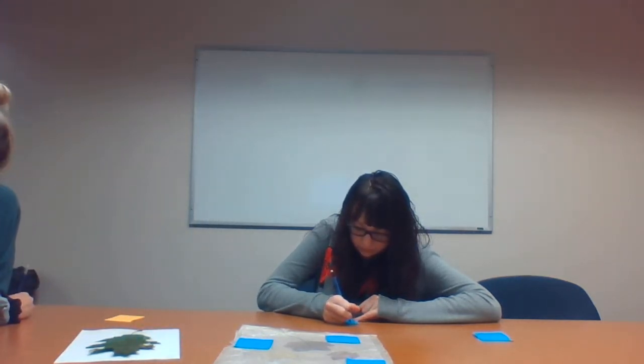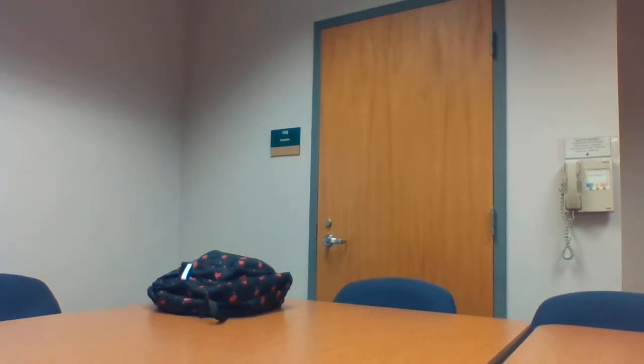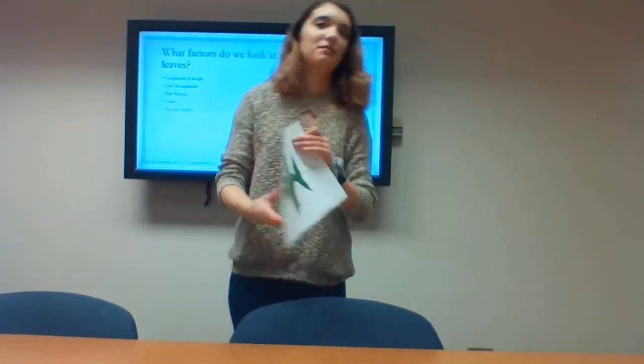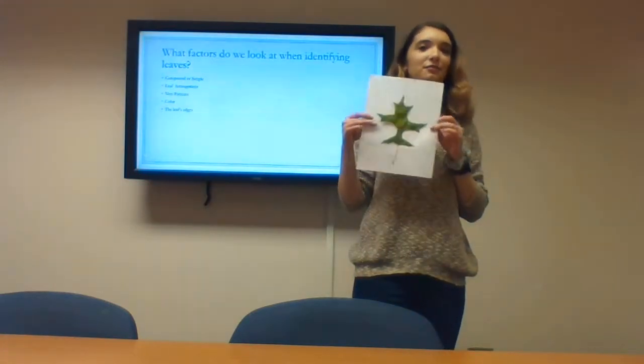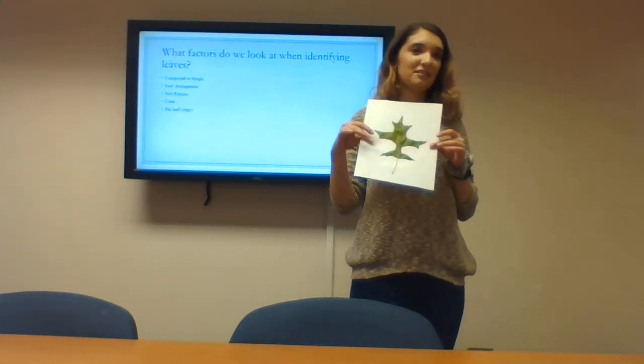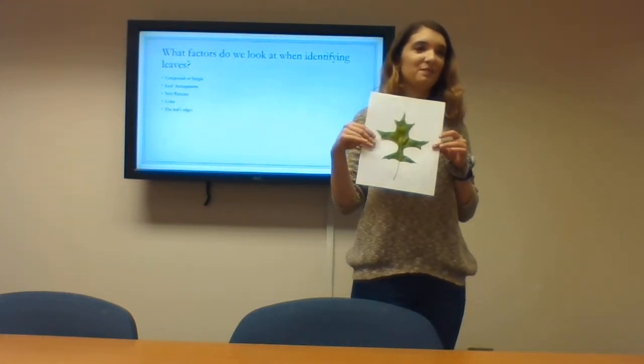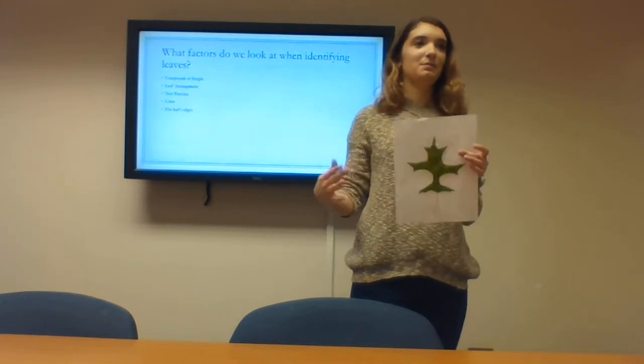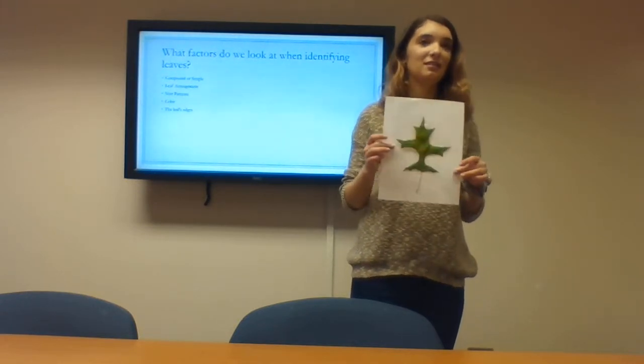So let's bring it back together. You guys are so good at this. Chloe, you're really good at this. You're a natural. So leaf number 1. What leaf is this? An oak? What specific species of oak do you think it is?